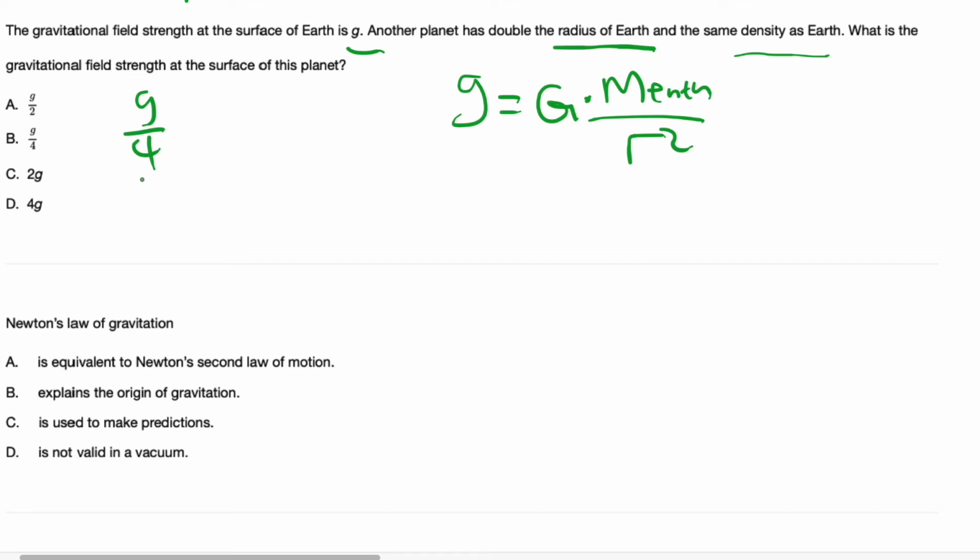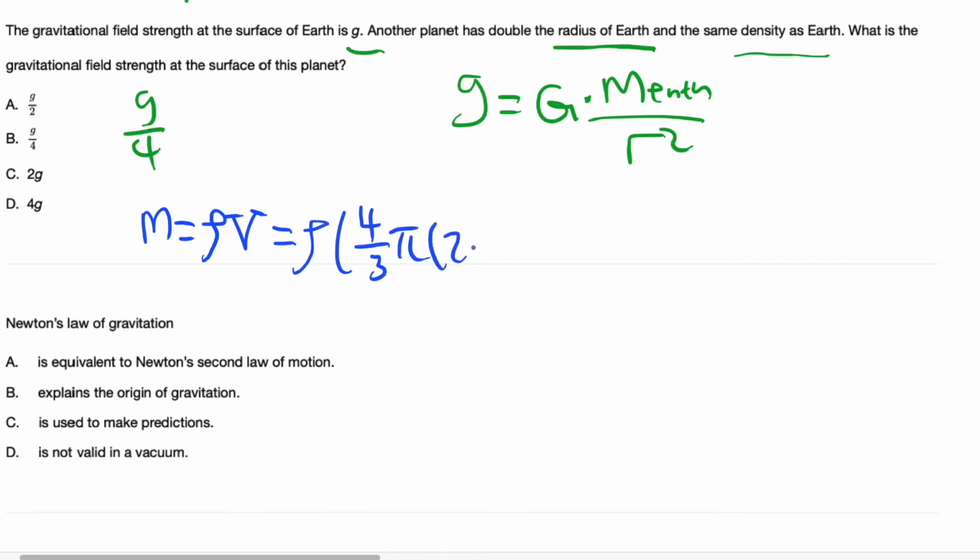However, as its radius is changed, its volume is also going to change, so its mass is going to change. So we know mass of an object is equal to its density multiplied by its volume, and since its radius is multiplied by 2, its volume is going to change as well. So it's going to be 4 over 3 pi (2r) cubed.